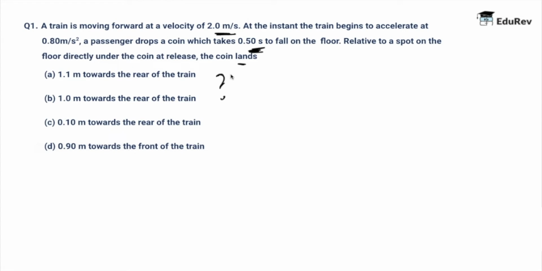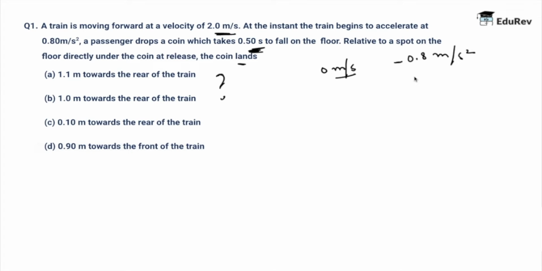Let's solve it. So we have to solve this problem in reference to the frame of train. So relative velocity of coin with respect to train is 0 meters per second. And relative acceleration of the coin with respect to train is negative of 0.8 meters per second square. Here negative indicates that the direction is opposite to the train and the initial direction.